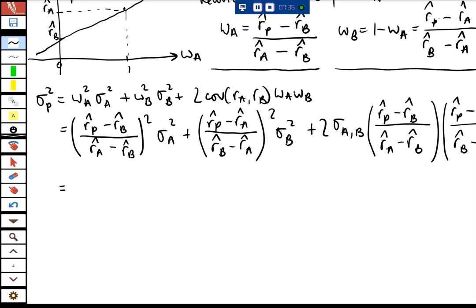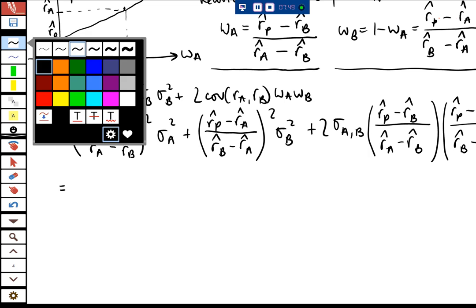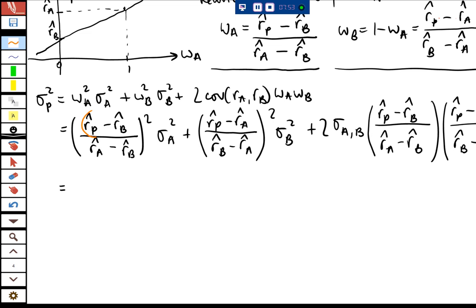So we know the expected return on asset A, asset B. We know the variances of A and B. We know the covariance. We're just going to let the expected return on the portfolio vary and see how this impacts the variance on the portfolio.